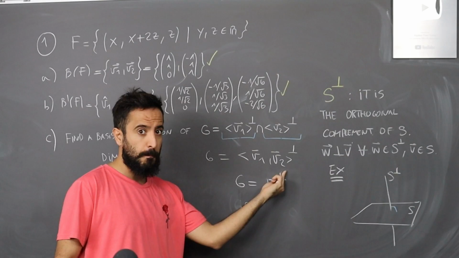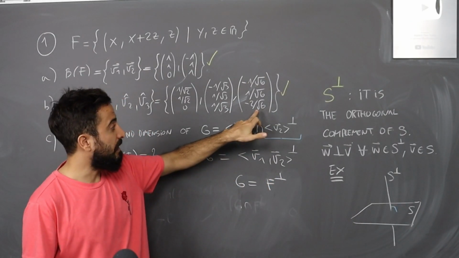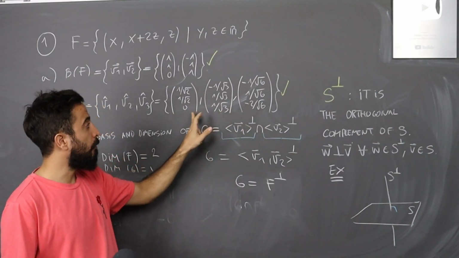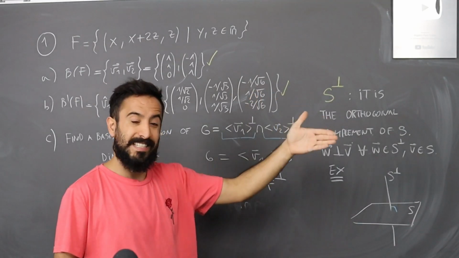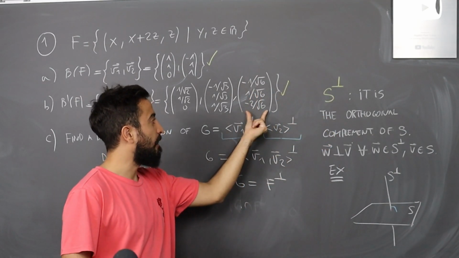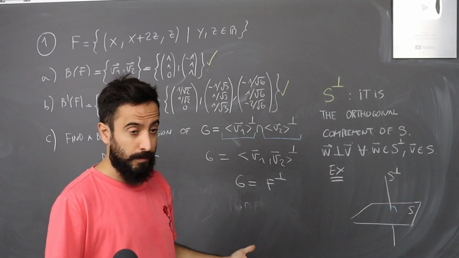Do we? Of course we do. This vector right here. We know that this vector is both orthogonal to V1 and V2 because this is in fact an orthonormal basis. So this vector right here could be the basis of G we are looking for. And we are done.